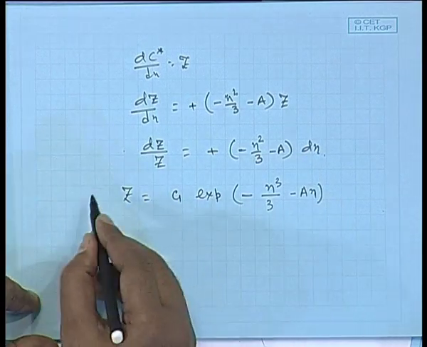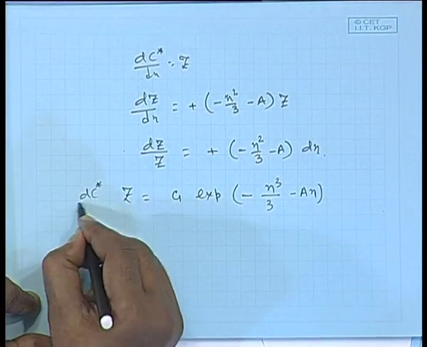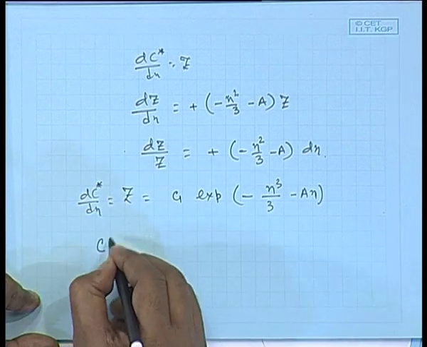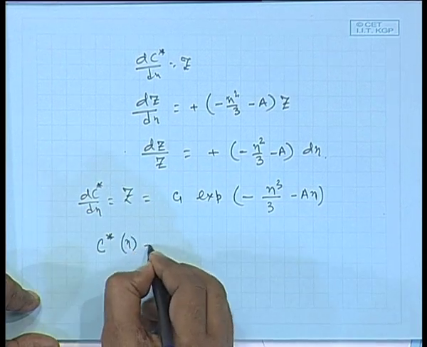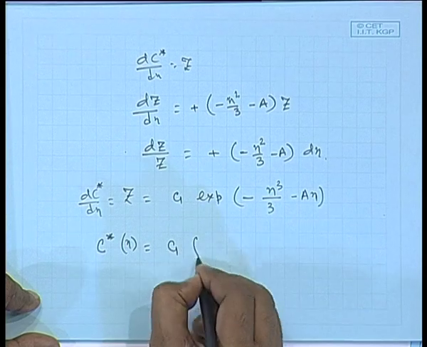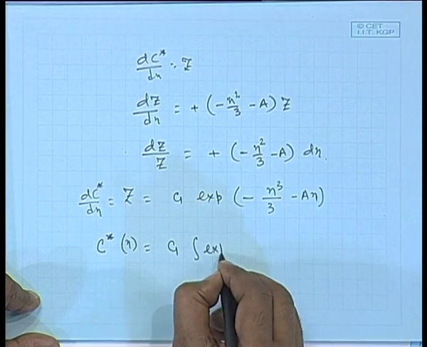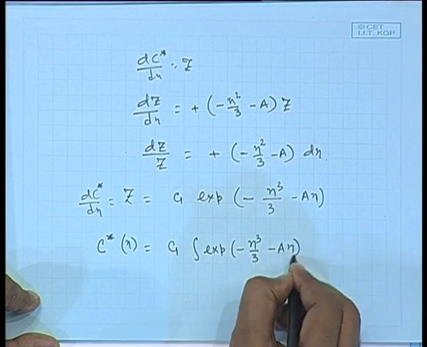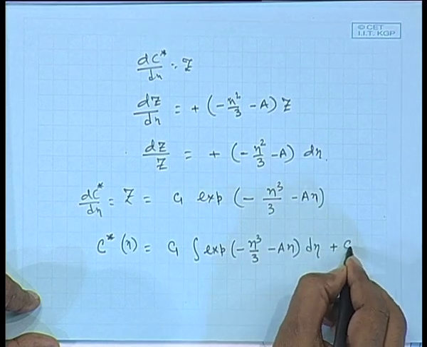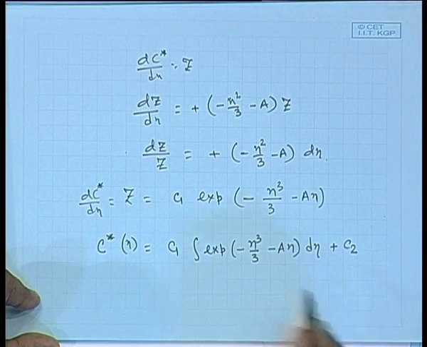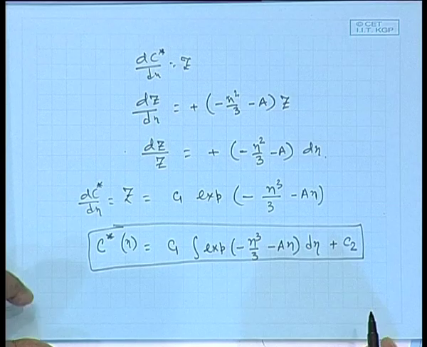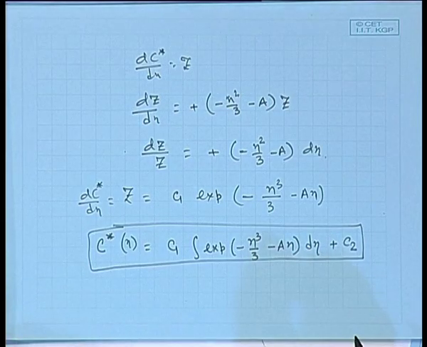What is z? z is nothing but dC star d eta, right. One more integration will give you C star as a function of eta as C1 integral of exponential minus eta cube by 3 minus A eta d eta plus C2, where the constants C1 and C2 are the integration constants.